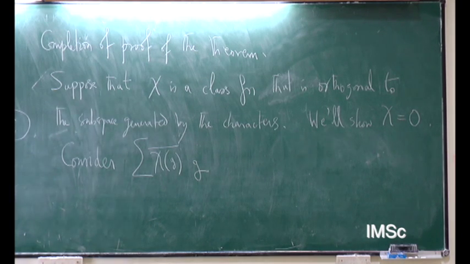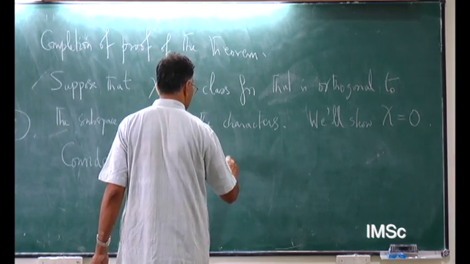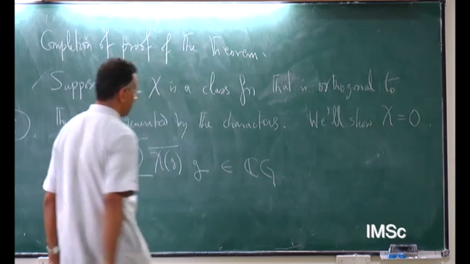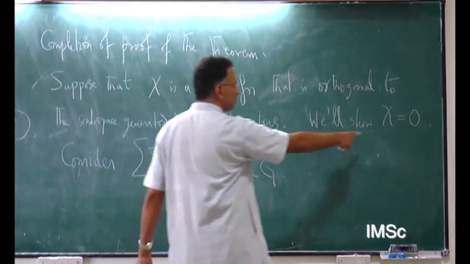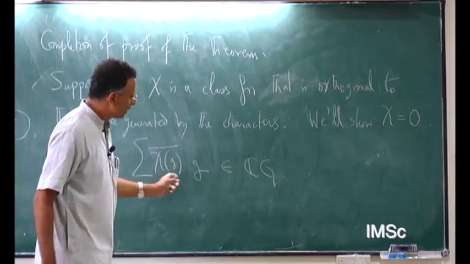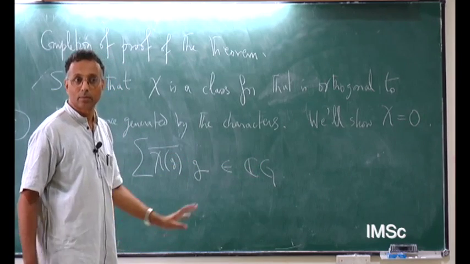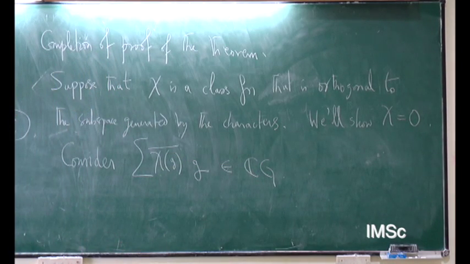This is an element of the group ring. So I want to show chi is 0. I want to show, therefore, this element is 0. That's the idea.